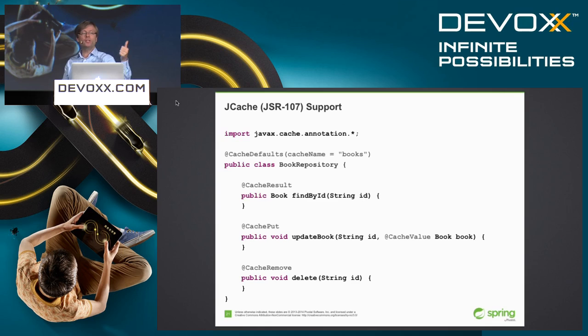And you can even use the standard cache annotations with a non-JCache cache manager. You can use Spring's own cache manager SPI at the back end, but the standard caching annotations on the front, right? So Spring even has decoupled support for JCache at the annotation level and at the backend setup level.